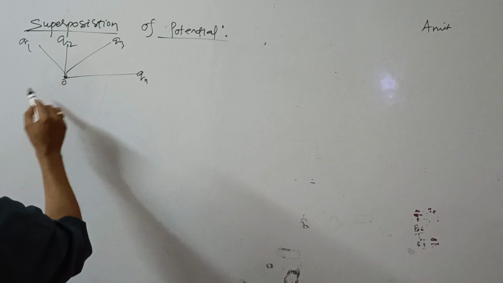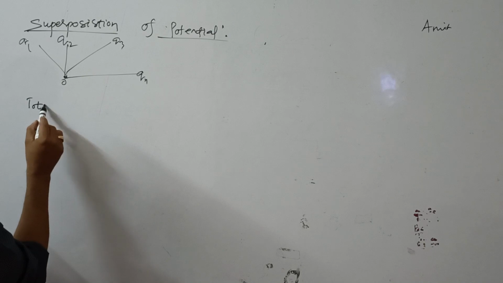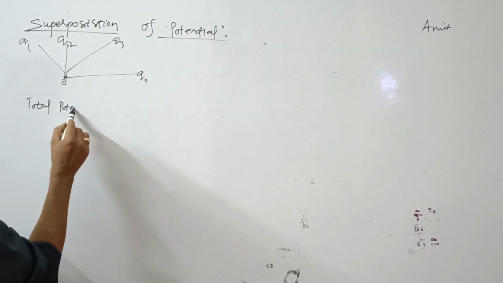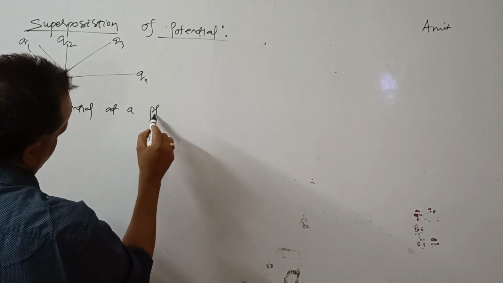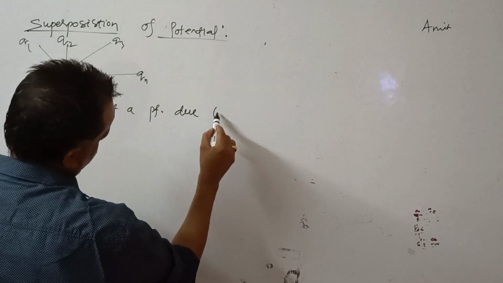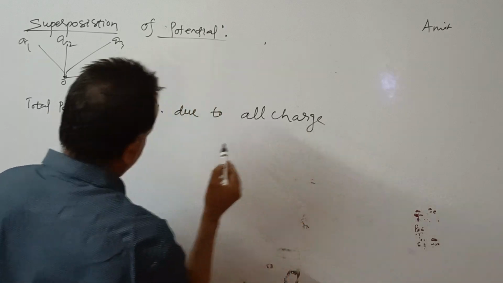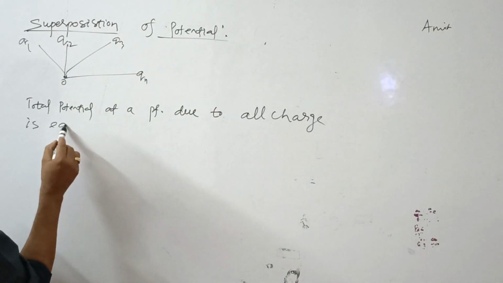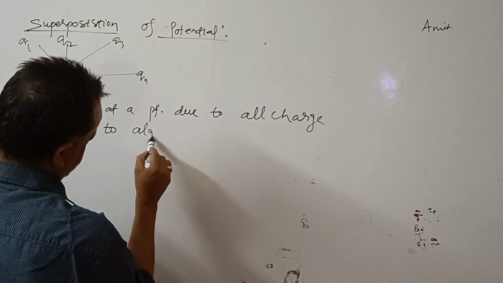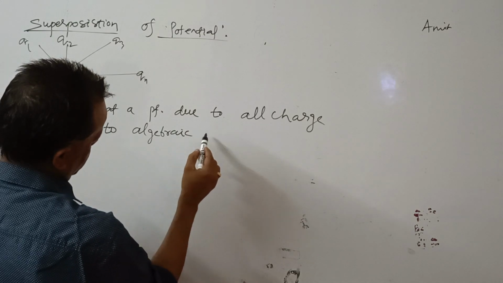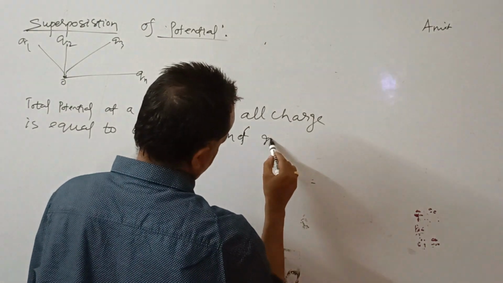This is point O. The total potential at a point due to all charges is equal to the algebraic sum of individual potentials.